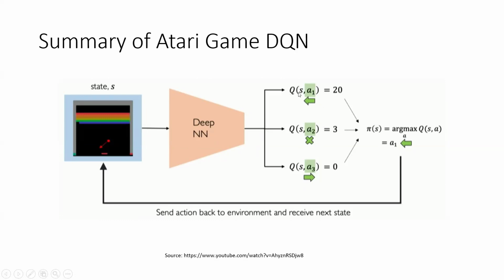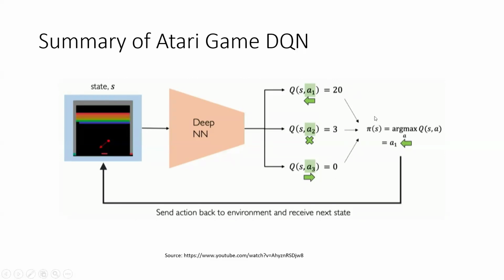If in this particular state you have moved to right, your payoff would be 20. If you have stayed as it is, your payoff or the reward would be 3, right? If you have moved left, you would have rewarded nothing.